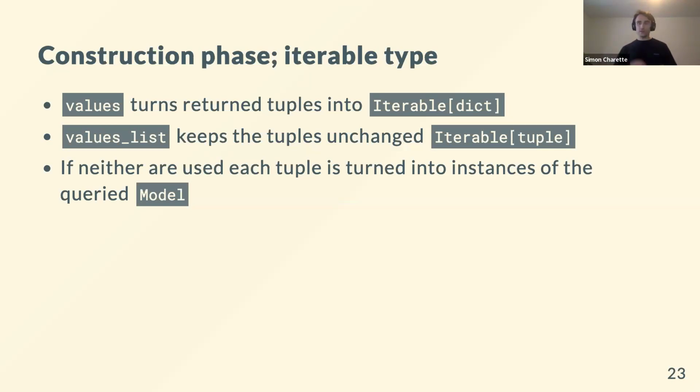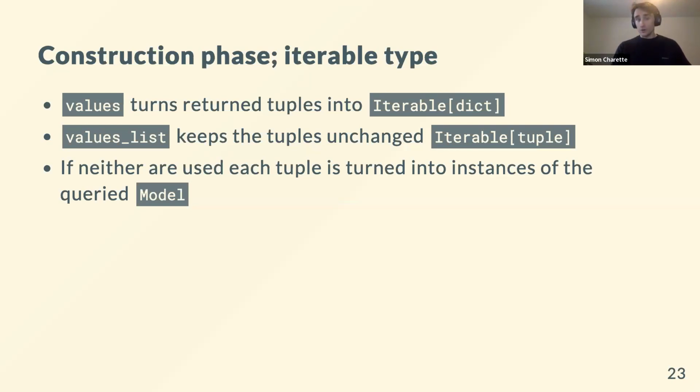So it's going to be very fast, no conversion. The exact tuples returned from the database are going to be returned. So if you need to deal with a lot of data, usually values_list is the way to make it use as little memory as possible.